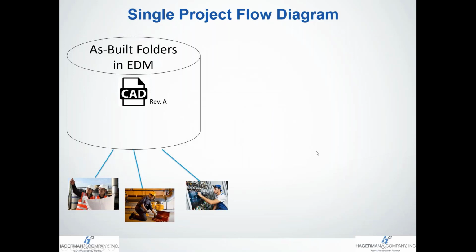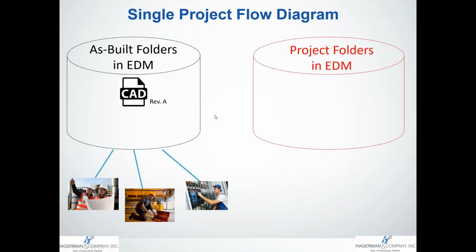Or I'll show a bit of a demonstration of this where the systems we have capabilities to have a folder structure in the system for a separate folder structure for your as-built or masters or release copies, whatever name you go by. And so all of your operations and maintenance staff, they have access to that folder area. But then also in the same system, have a project folders area.